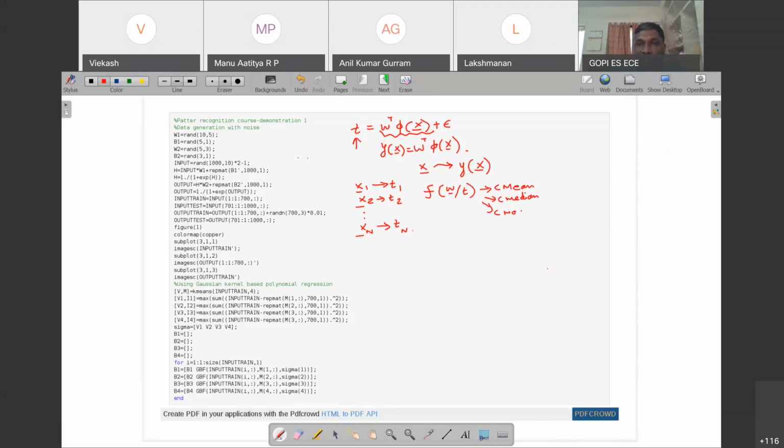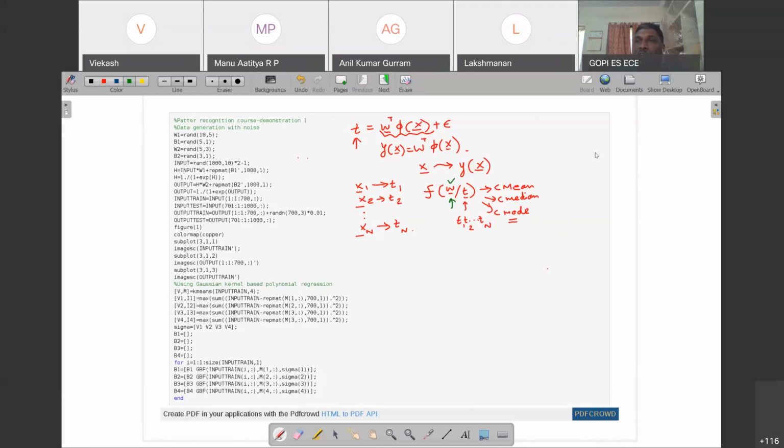This is the perfect way to solve this problem. We are interested in getting this w. Let me put the observation as a vector: t1, t2, and so on up to tn. We are interested in getting this w, which is a vector.